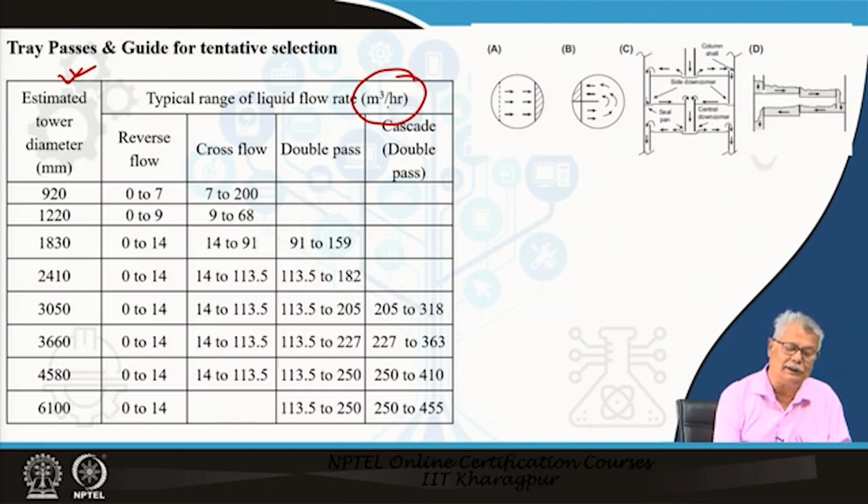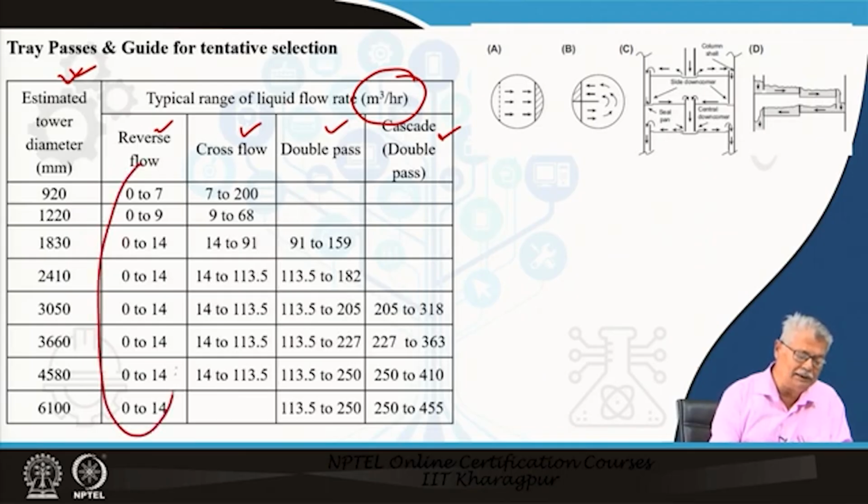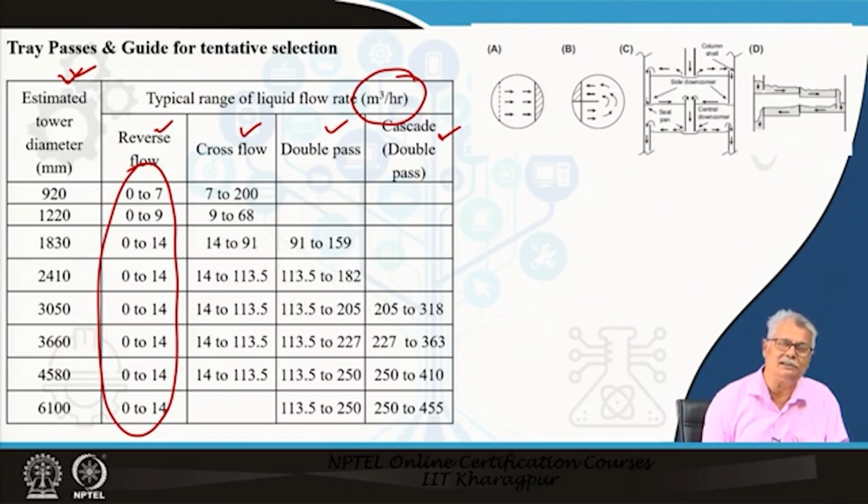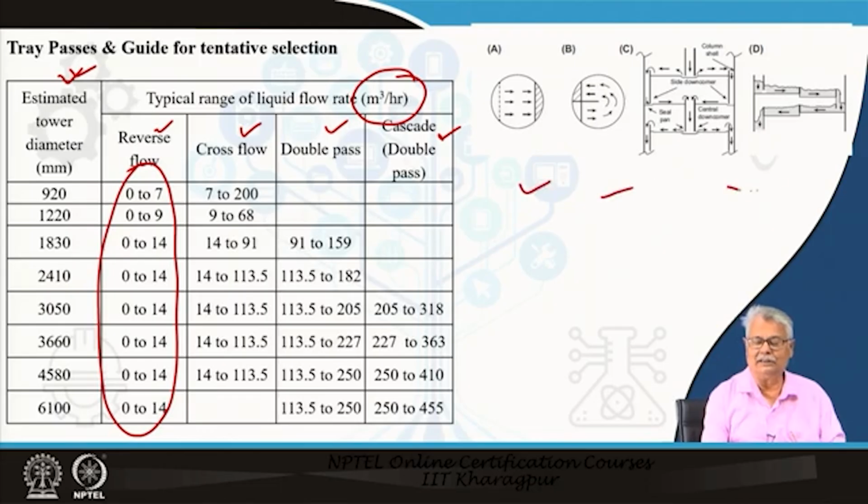Now, depending on the flow rate of liquid, we choose whether we are going to have a reverse flow or a cross flow or a double pass or a cascade double pass. You will notice one thing, we go for a reverse flow only when my liquid flow rate is small. That means, when my flow rate is small, the delta is expectedly very small. Similarly, we go for the other types when we have higher flow rates, and these are the different configurations.